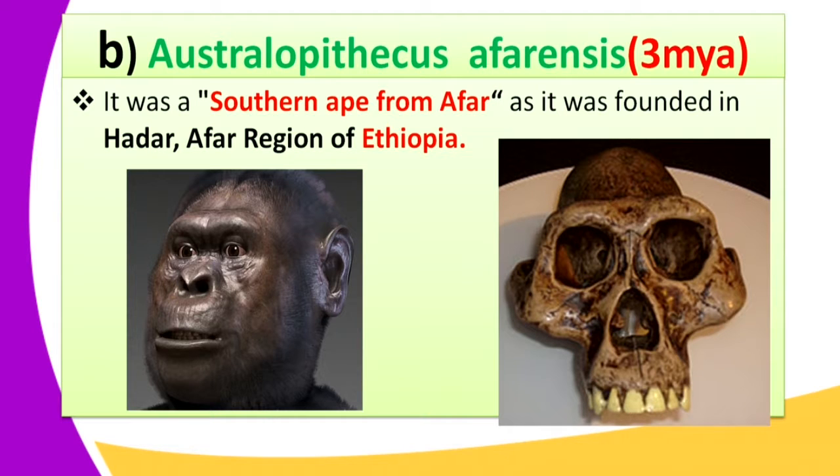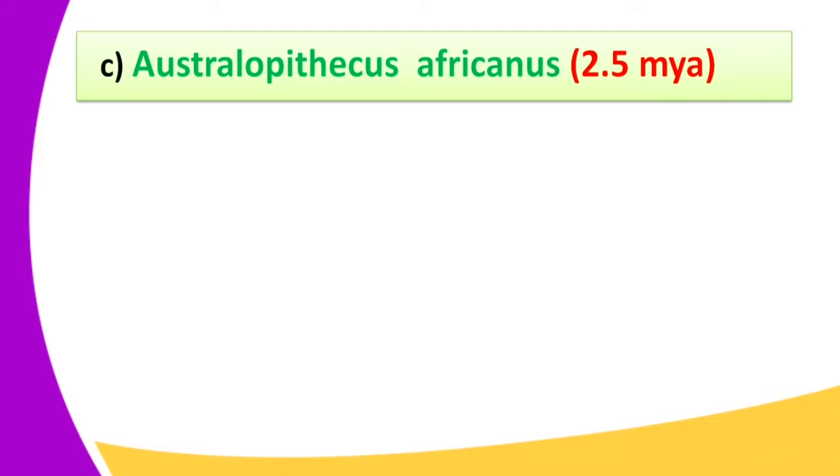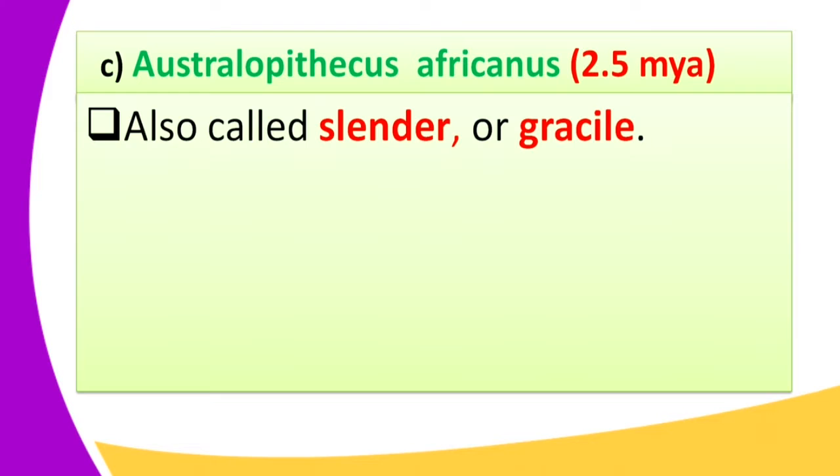We shall discuss this. The third species of Australopithecus is Australopithecus africanus. It followed Australopithecus afarensis, and lived between 3 to 2.5 million years ago. It is also called the slender or gracilis.